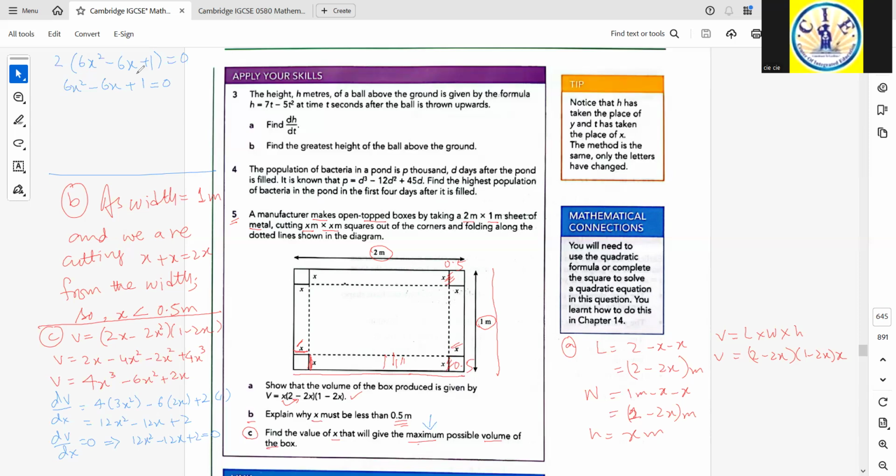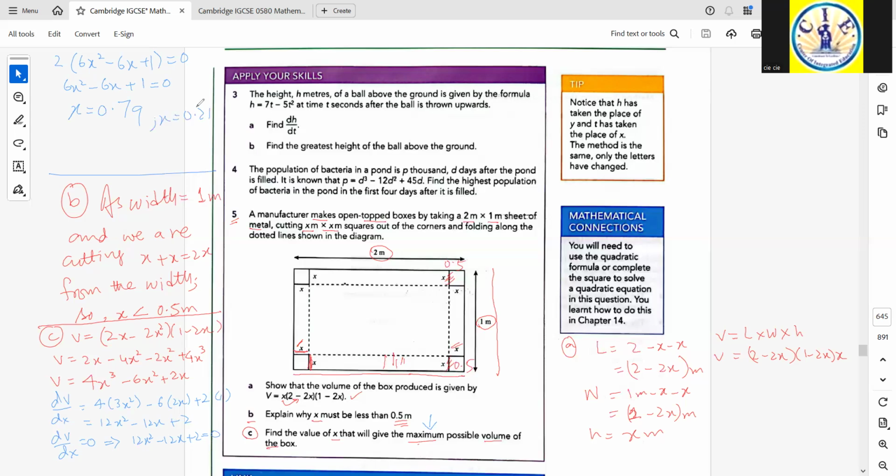One value is 0.79, and the other value of x is 0.21.